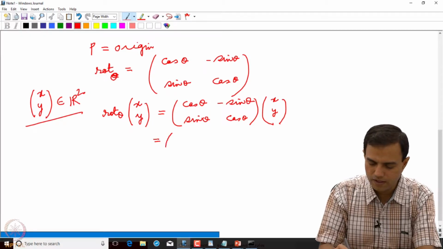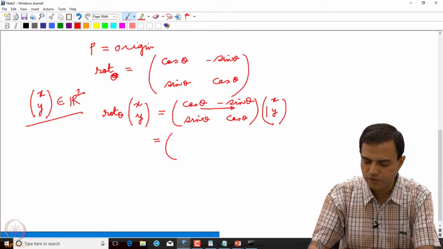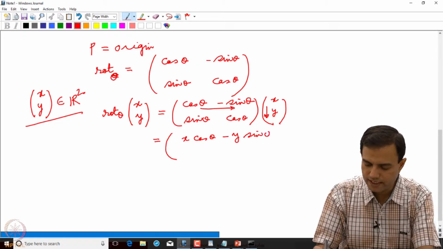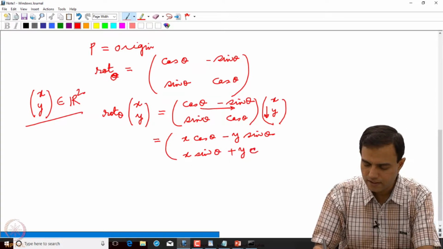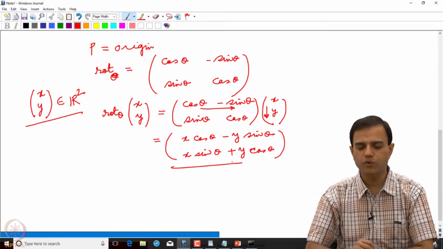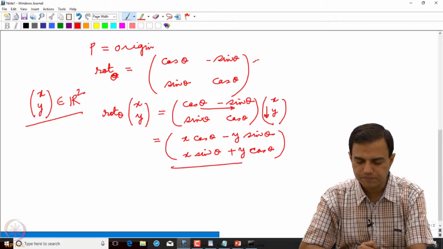As you recall, I multiply this row with this column, so this is x cos theta minus y sin theta, and then x sin theta plus y cos theta. So that's the new coordinate. So rotation matrices can be used to express rotations.